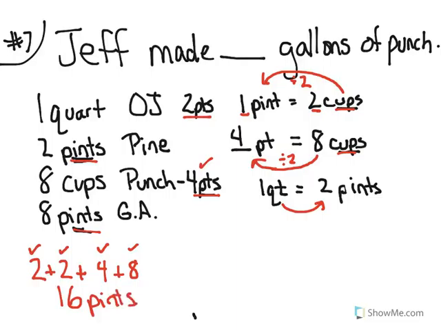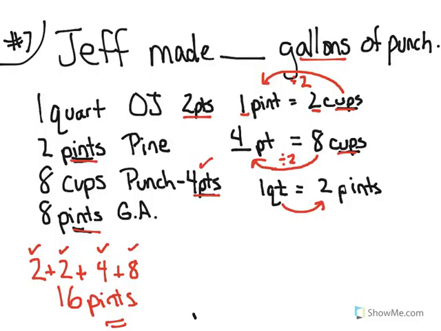of punch. But I don't want pints. I want gallons. So I now need to convert my pints to gallons. So I need to think about how many pints are in 1 gallon. And when I go to my conversion rate, I have to use more than one thing.